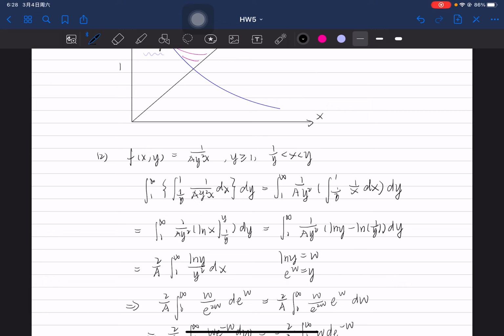First, we can calculate the integral of 1 over a times y squared times x dx from 1 over y to 1, dy from 1 to infinity, like this.